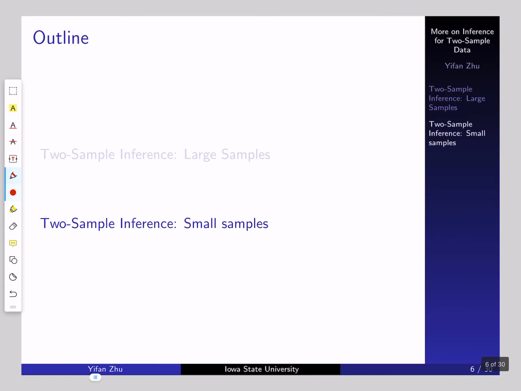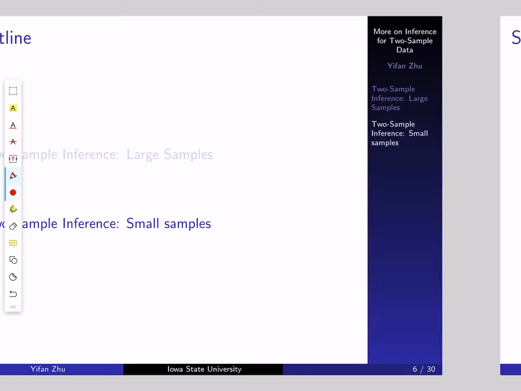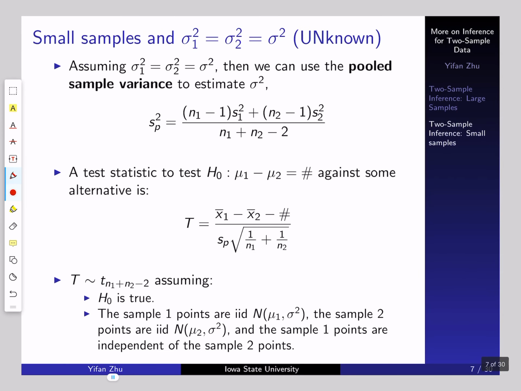Okay, so today we will learn about the two sample inference for the small sample. For the one sample inference, when it comes to small sample data, we use the t distribution in the confidence interval and hypothesis testing. So same here, we will also be using the t distribution.